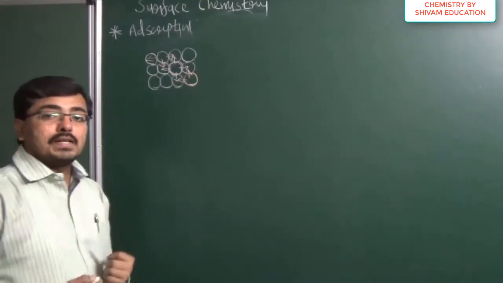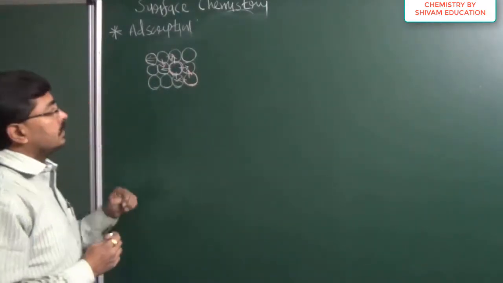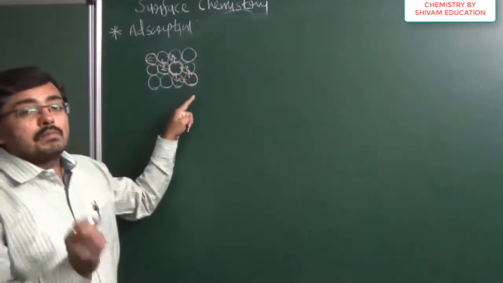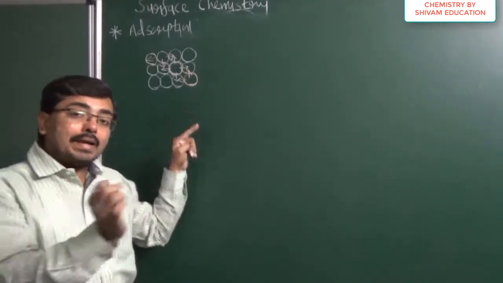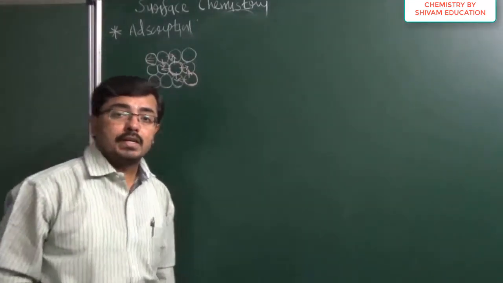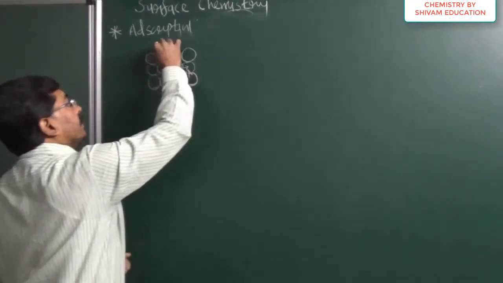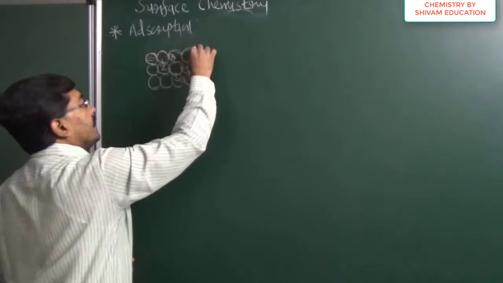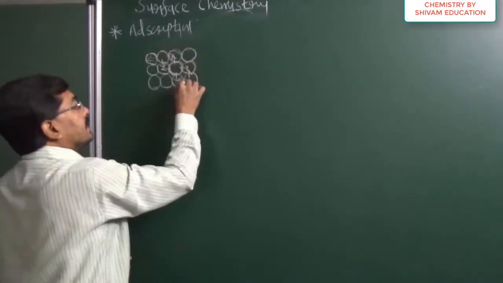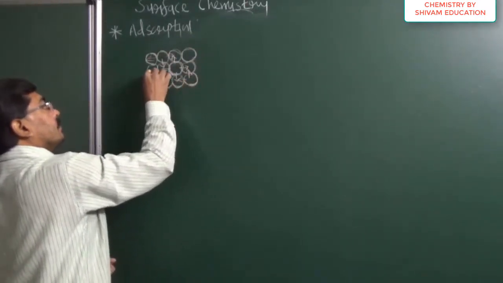So due to this imbalanced effect of residual forces, the molecules present on the surface have an effective magnetic field in nature. Due to this, one type of strain or force is created on the surface.